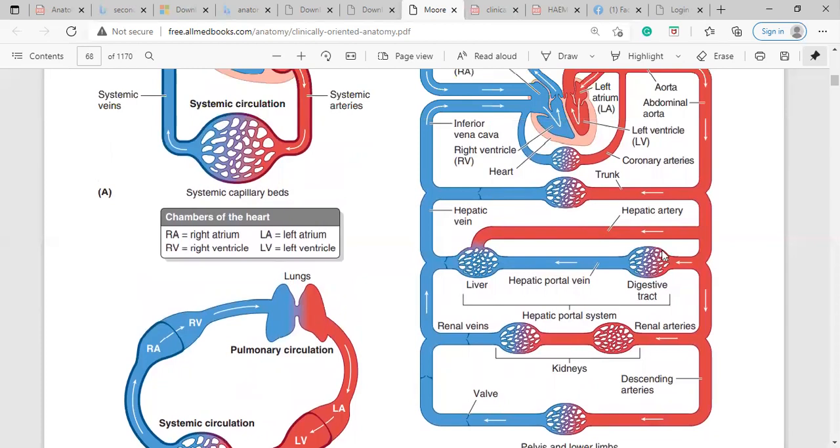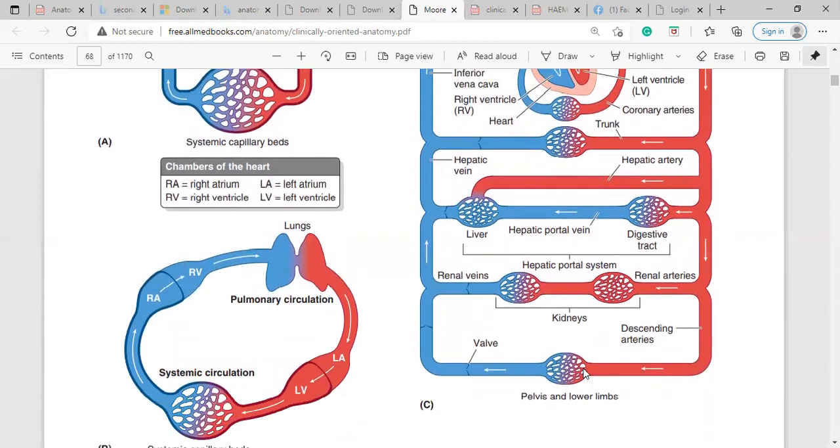Now, let's look at the other side. All of these organs that we just mentioned will use the blood. Once they use the blood, it becomes deoxygenated blood without nutrients, and without oxygen. So now this blood needs to pass through these capillaries. It must go back to the heart.